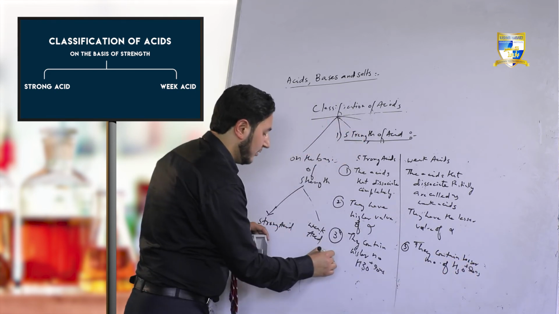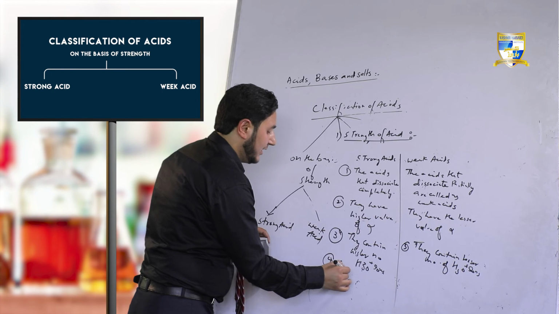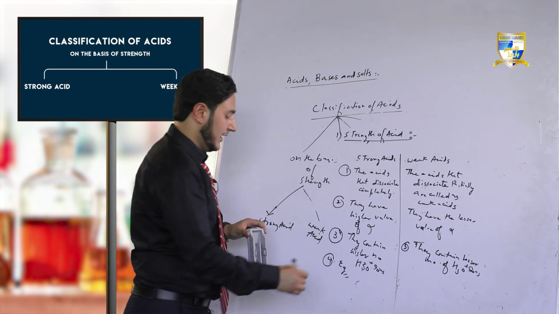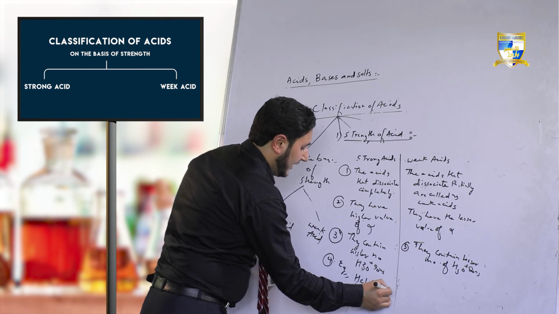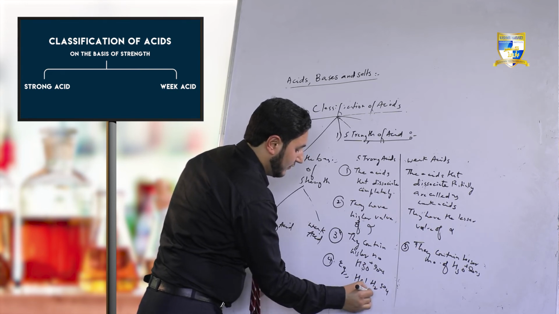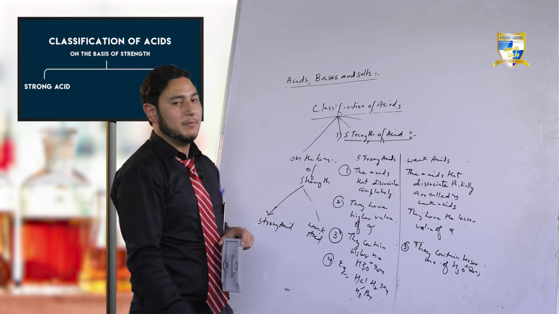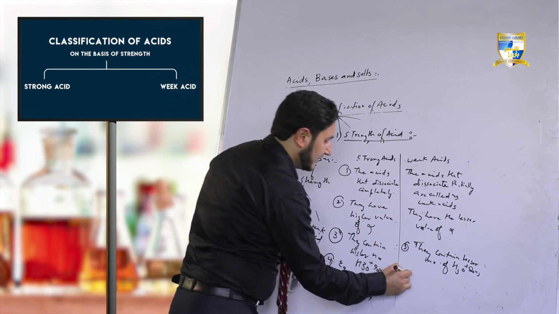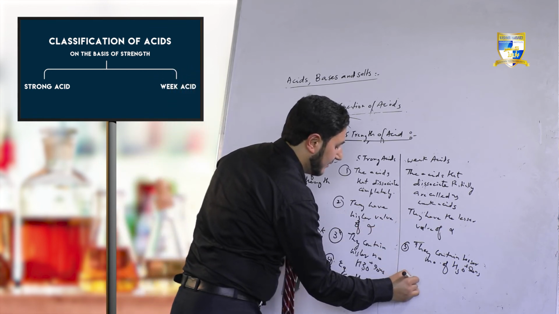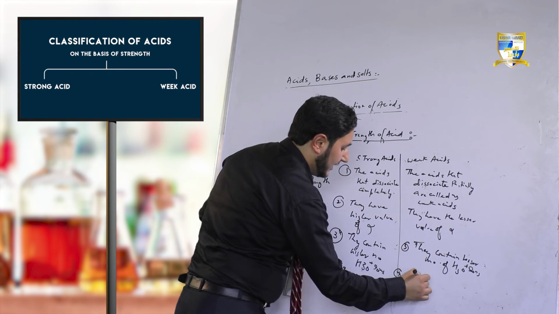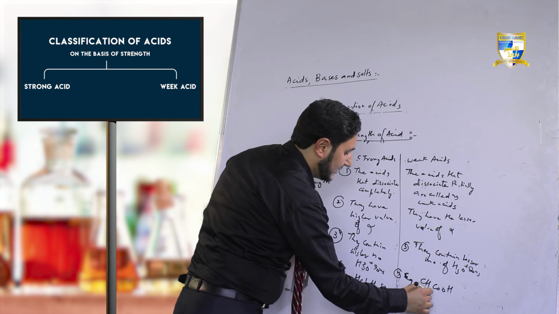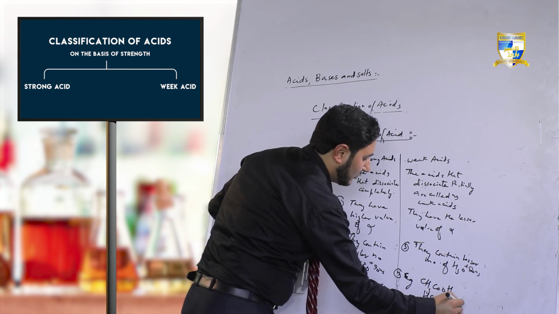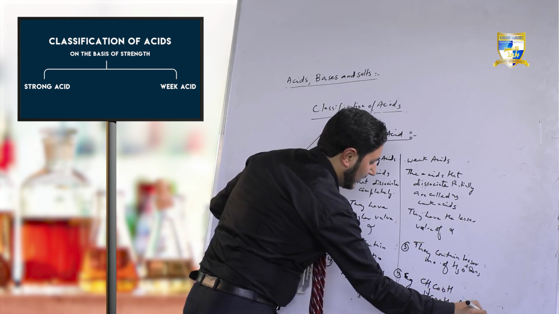And the fourth point is examples. What are the examples of strong acids? HCl is the best example, H2SO4, fine, H3PO4, phosphoric acid. These are the examples of strong acids. And for the weak acids, we have examples like CH3COOH, acetic acid, and HCOOH, also called formic acid.